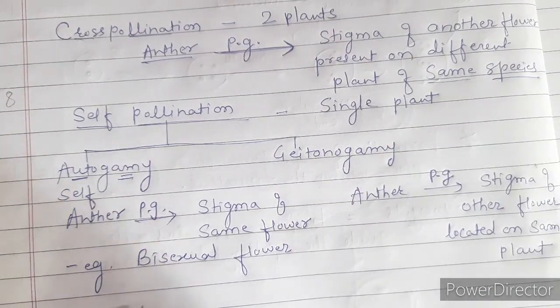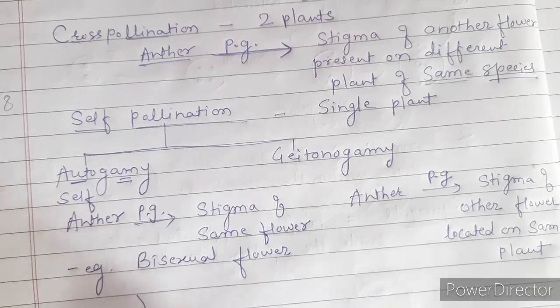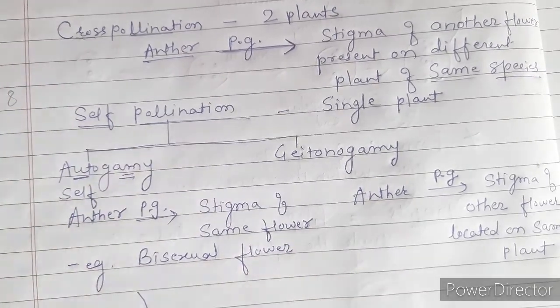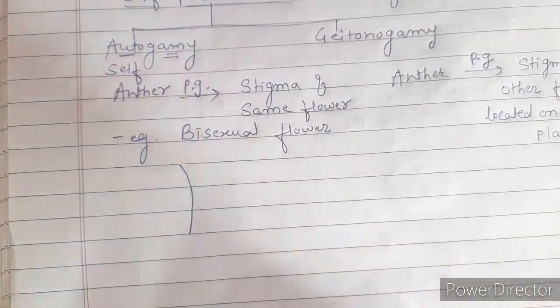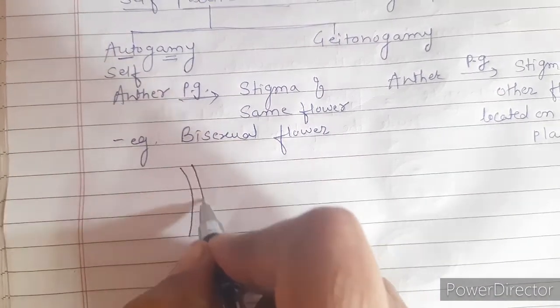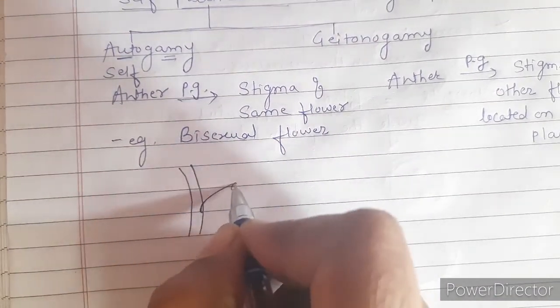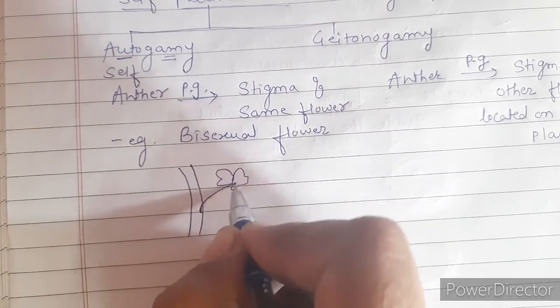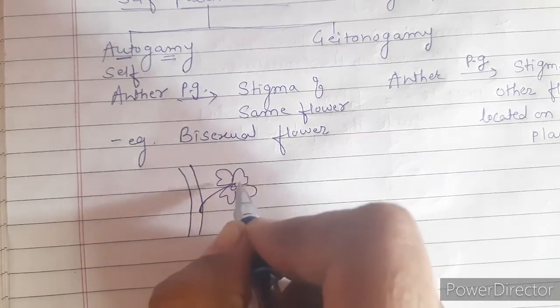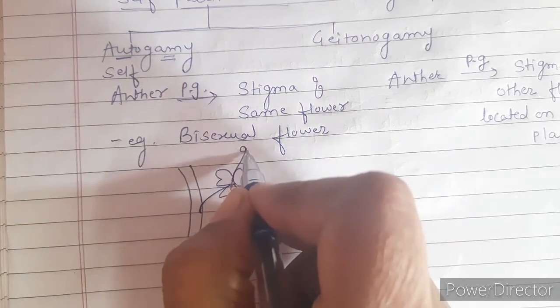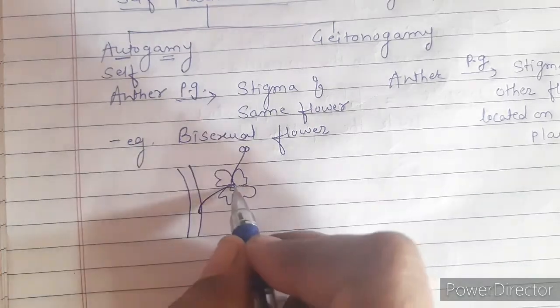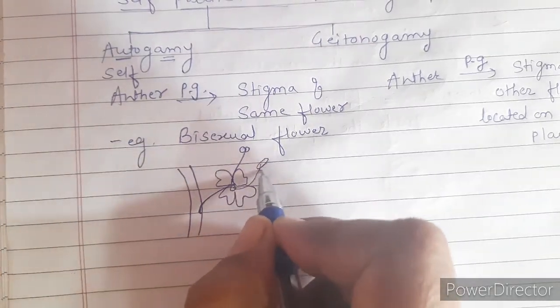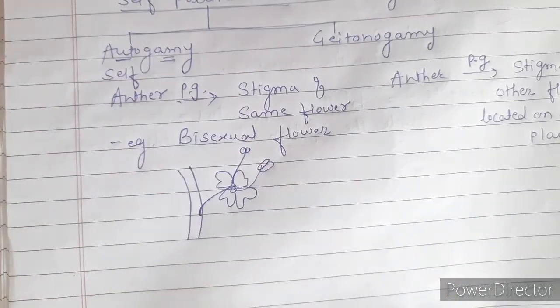and here, if we draw the structure like this, see here. This is a plant, suppose, and here suppose this is a flower. Here gynoecium is there, stigma is there, and suppose this is the stamen or anther.